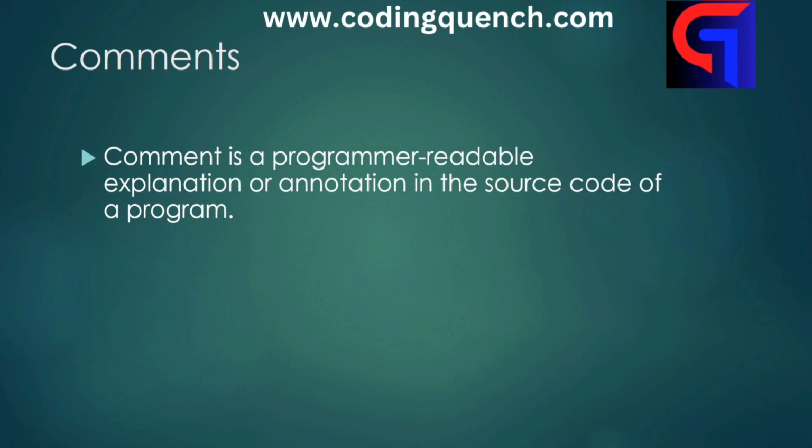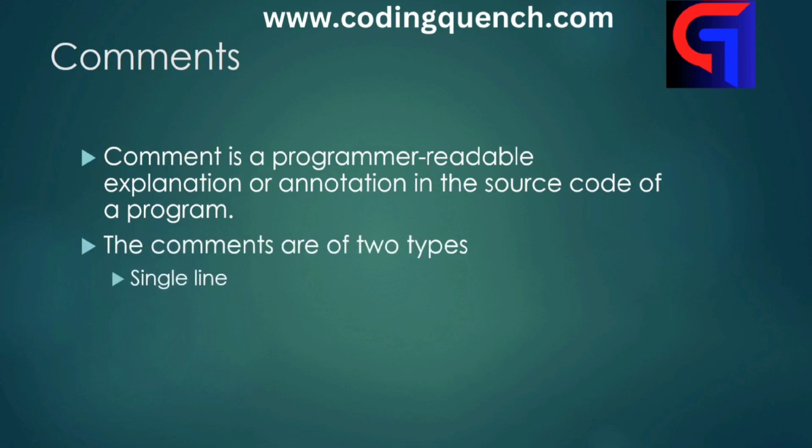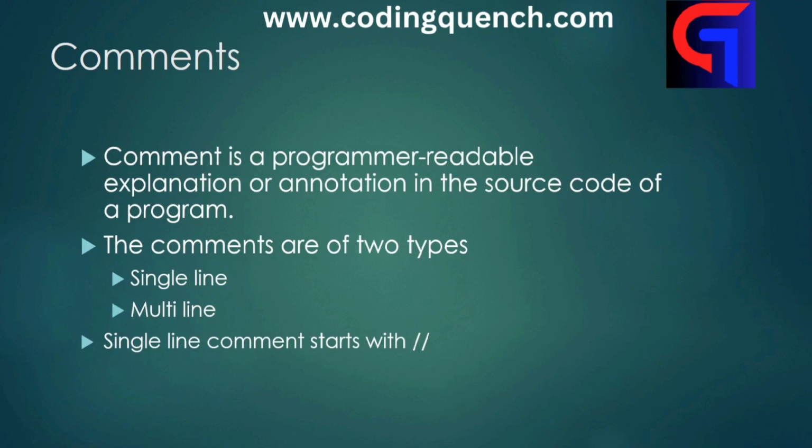How can we write comments? There are 2 types of comments. One is single line comment, second one is multi-line comment. First, single line comment in C: we can use 2 forward slashes before the sentence. That means we can write a double forward slash on our statement.